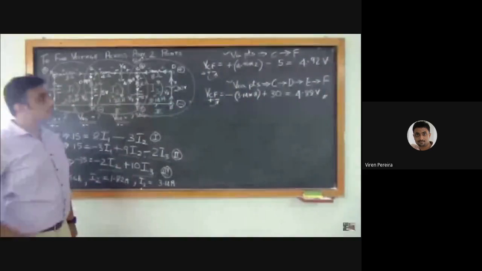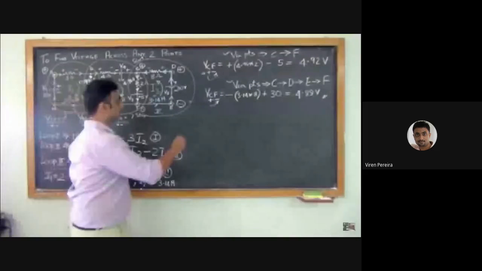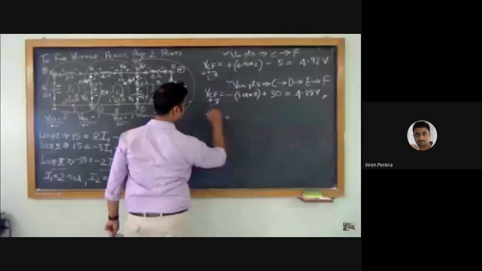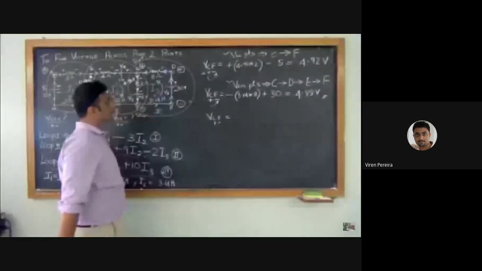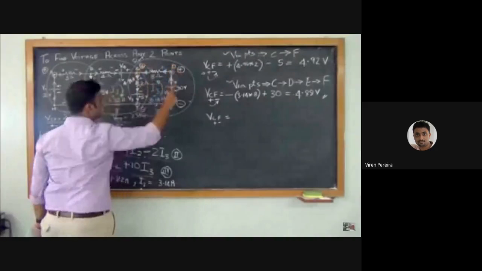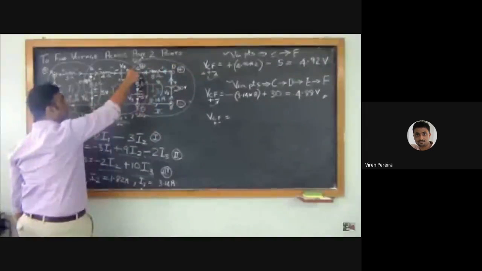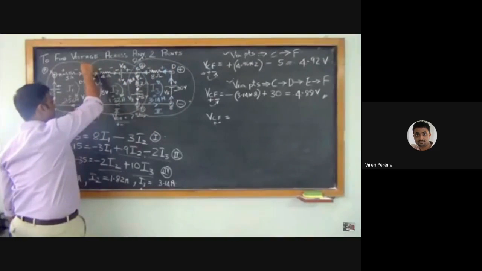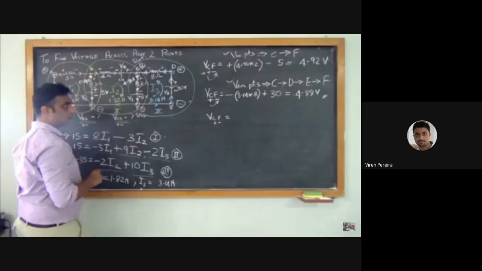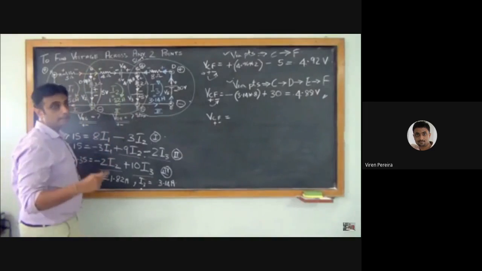Let's have another check, just to be sure. Now instead of taking wire points C, D, D, E, and E, F, I will take wire points C, B, B, G, and G, F. So this also should give me the same answer.